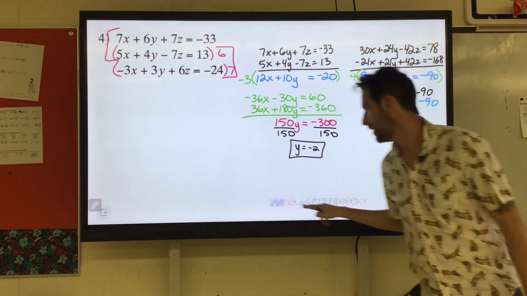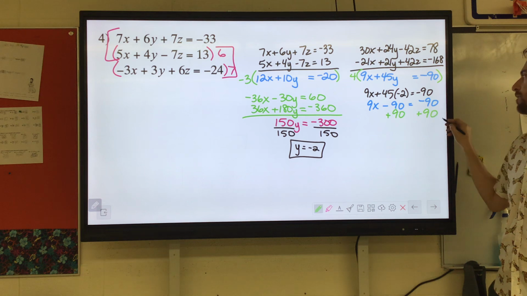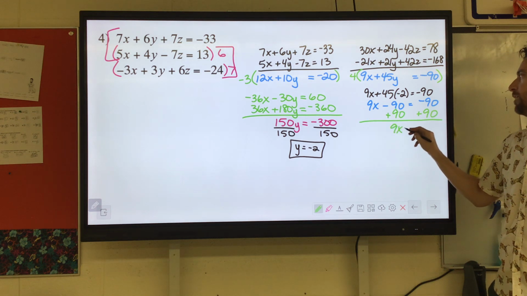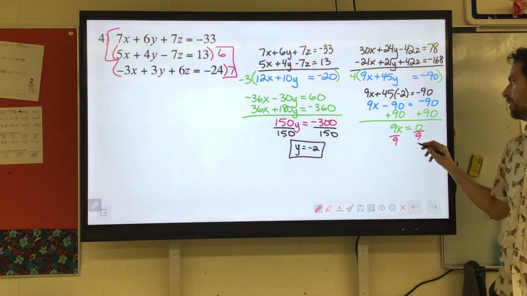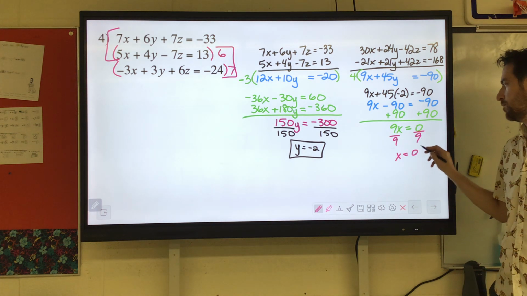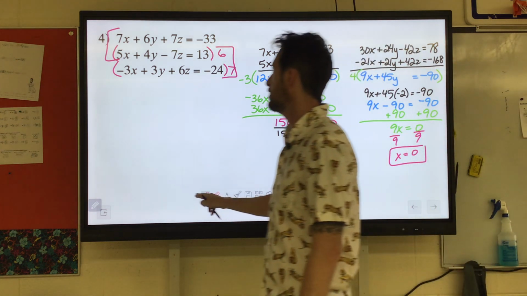Okay, so we can add 90 to both sides. 9x equals 0, and then we'll just divide both sides by 9. X equals 0.